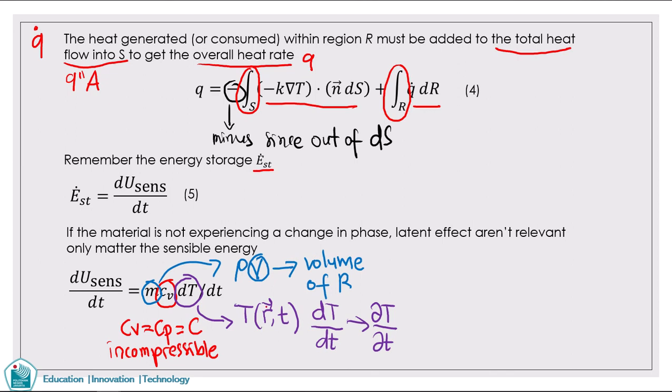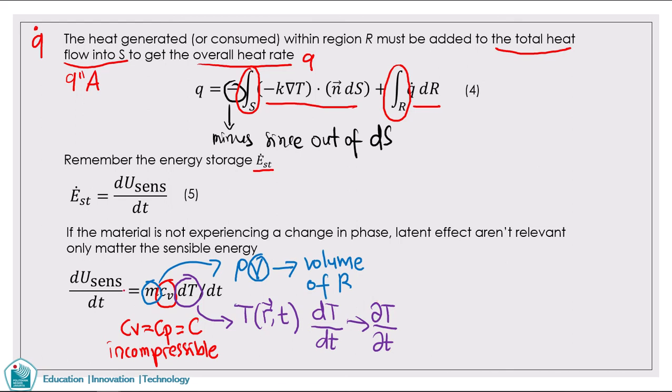Remember again, the temperature distribution is a function of position and time. So we can write it as the partial derivative of the temperature with respect to time.